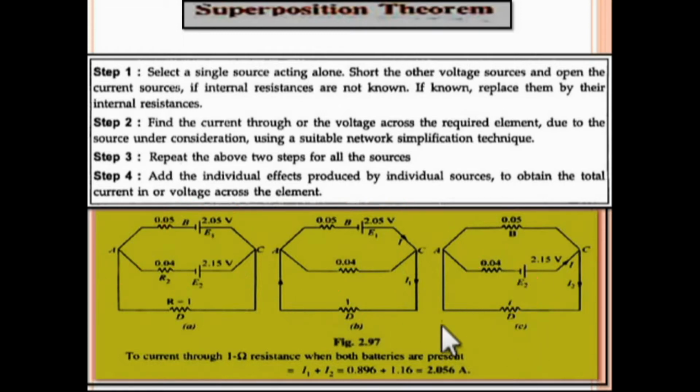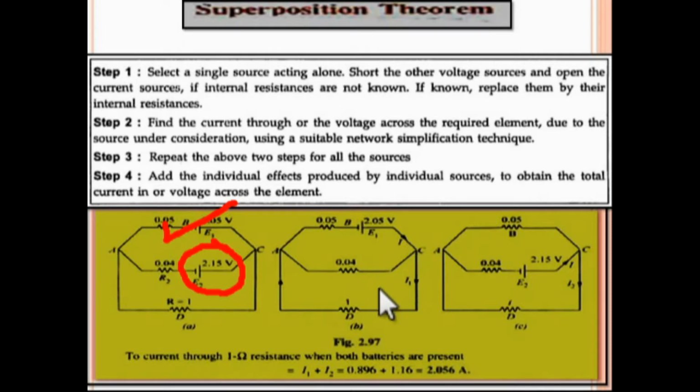So guys, in the first circuit that will be formed, you can see that first we will consider this voltage 2.05 volt will be there in the circuit, and this voltage 2.15 volt will be replaced with its internal resistance. Okay, its ideal internal resistance is 0, so it will be replaced with a short circuit.